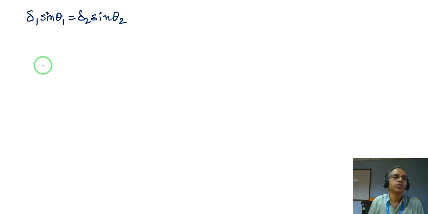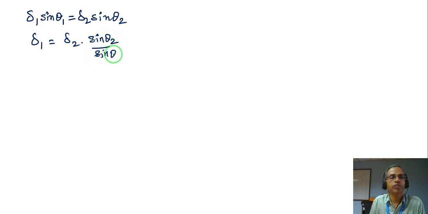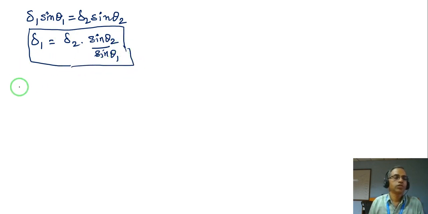Here I have established a relation: delta 1 is delta 2 times sin theta 2 by sin theta 1. So I have reduced one unknown. This is a very important derivation.